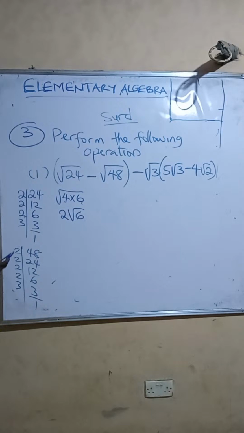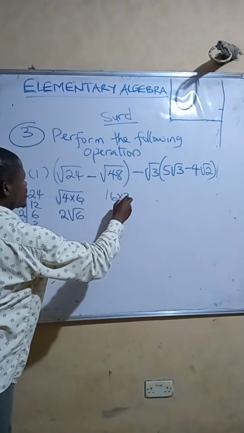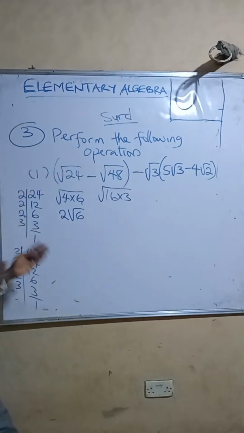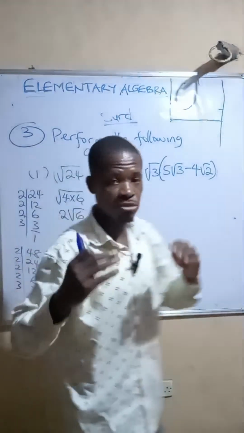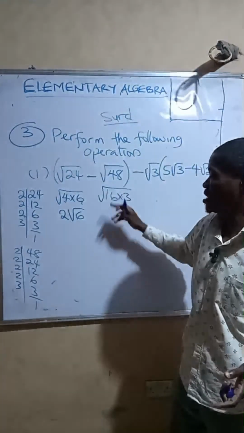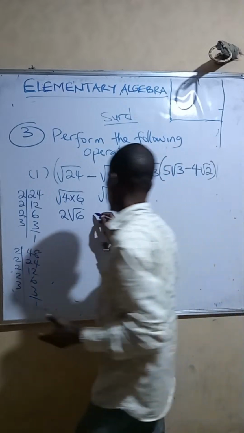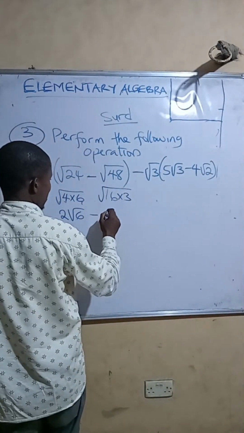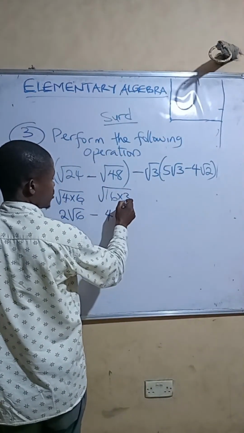So I'm going to use 2 times 2, that's 4, and then 2 times 2, that's 4. That's 16 times 3. You group them into 2, such that one of them has a perfect square root. 16 has a perfect square root, which is 4. Root 3 does not have a perfect square root.